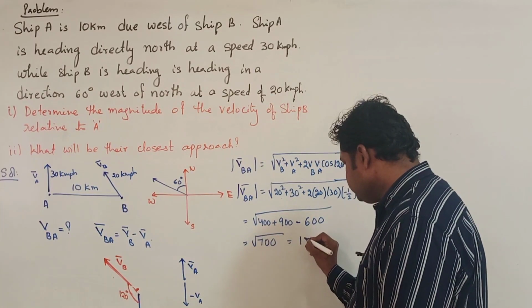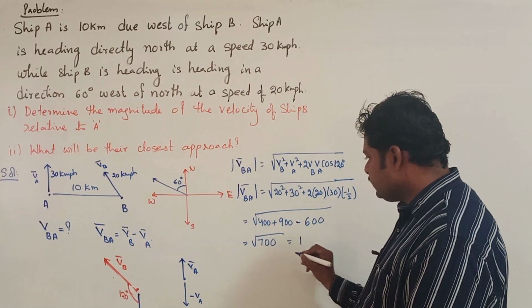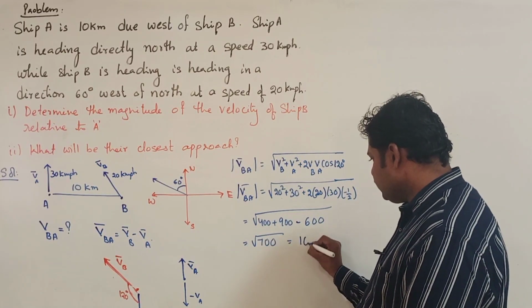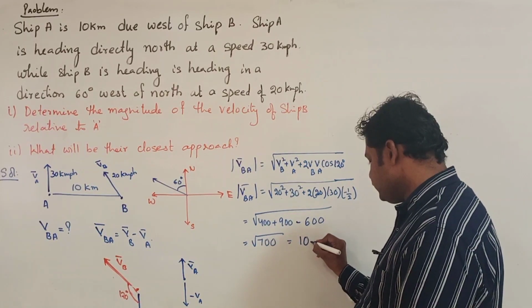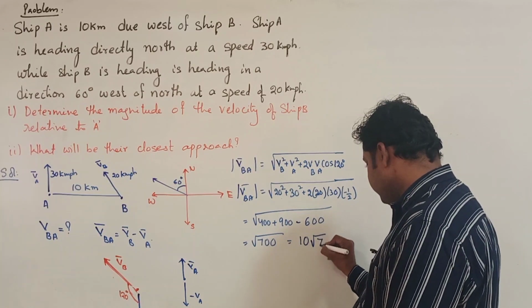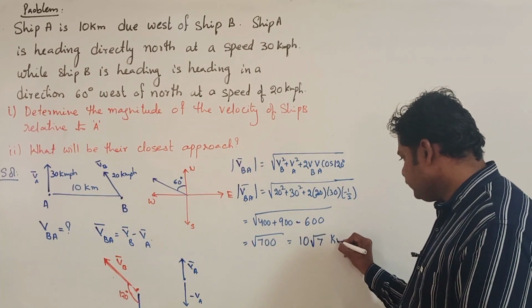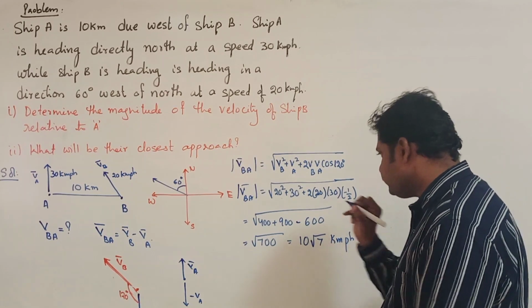I can write 100 into 7, 100 taken out as 10, so 10 root 7 kilometers per hour.